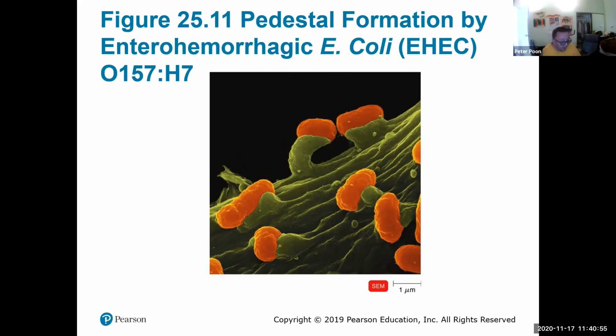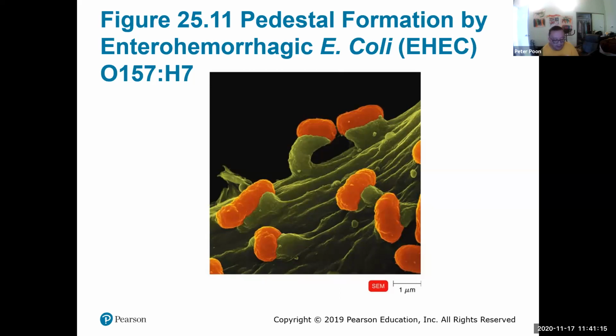First of all, E. coli is naturally found in our gut. It's also naturally found in the gut of cows, which often end up in hamburger, because hamburger is meat where you grind up a bunch of things.